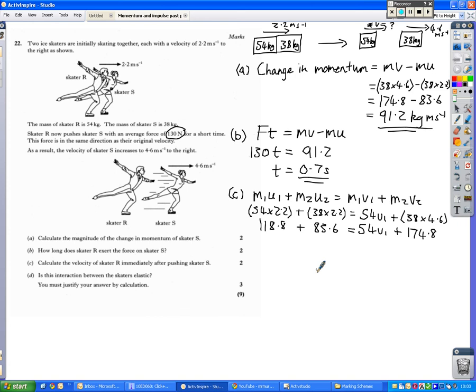If you bring this 174.8 across to this side of the equation, you'll end up with 54 V1 being equal to 27.6 and V1 is therefore 27.6 divided by 54, which will give you 0.5 meters per second.